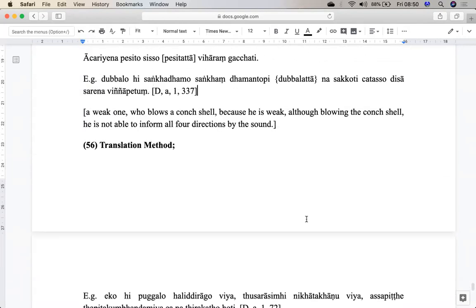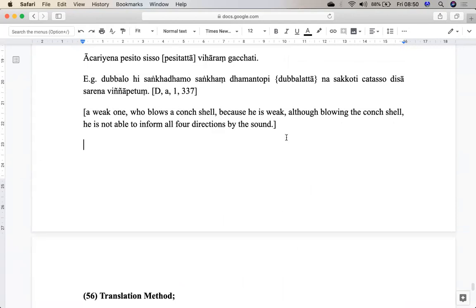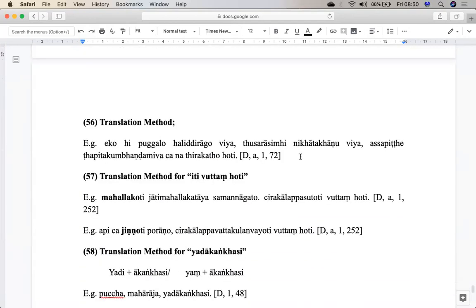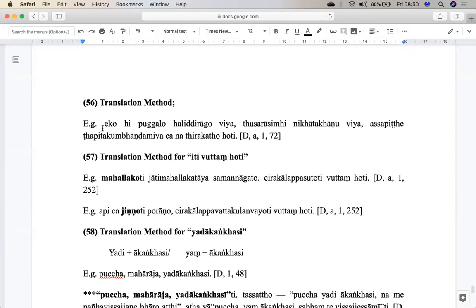And next one, not including the name for this method, but here in the example you see: Ego hi bogalo, haledi rago viya, tusa rase mi nikada kanu viya, asa bete tabita Kombanda miwa, not tira kato hodi.